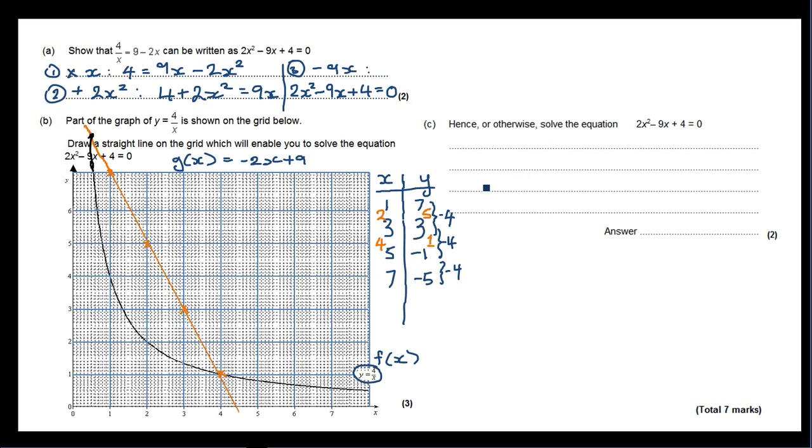For part C it says, hence or otherwise solve the quadratic equation, so we could give those 2 points as our solution. But the danger here was that we would ignore this one here. Let's just solve this equation though using a couple of methods. Let's try the quadratic formula.